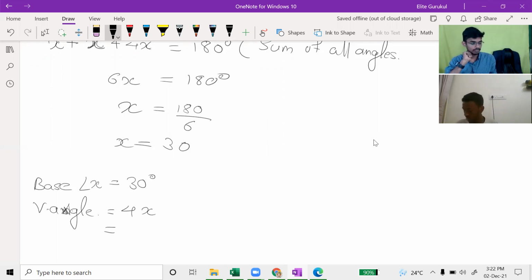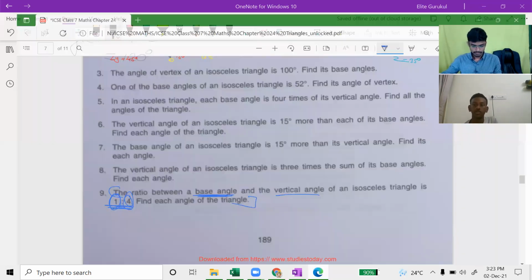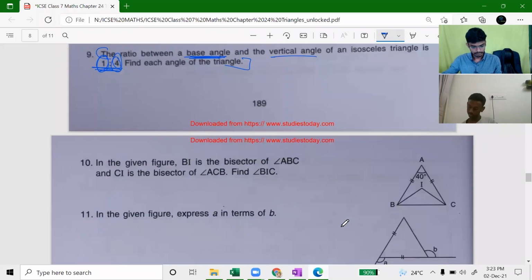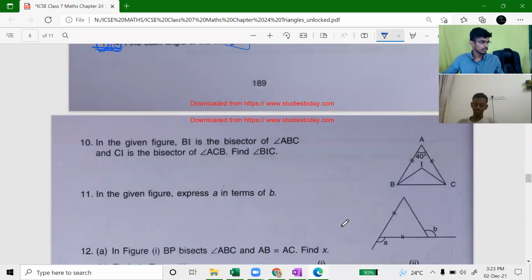Now tell me the answer. What is 4x? 120. So the vertical angle is 120 degrees. Okay. We will move further. Shall we move further? Yes, sir.